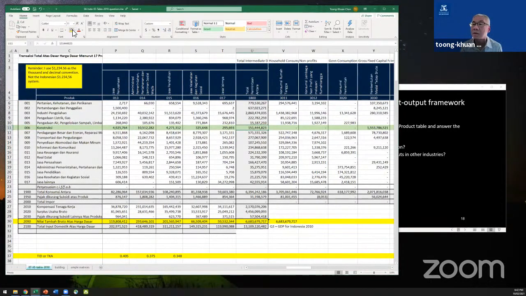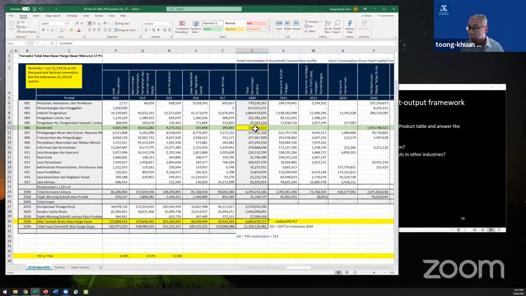So the answer to question 1 for total intermediate demand, construction is equal to 151, which is up here, which is this value here.